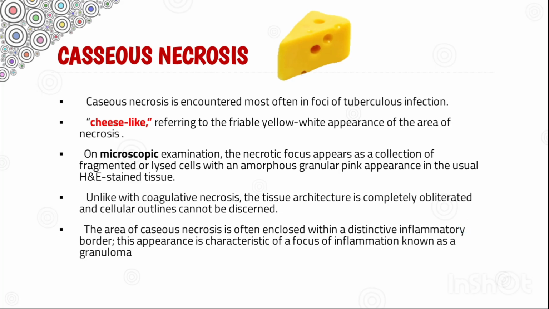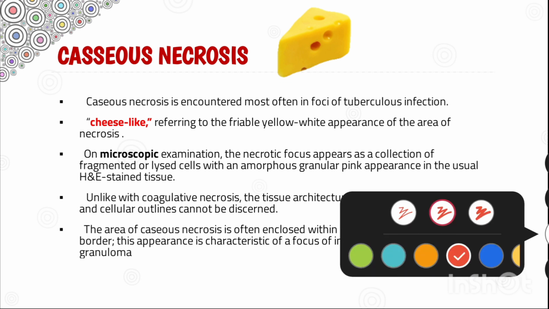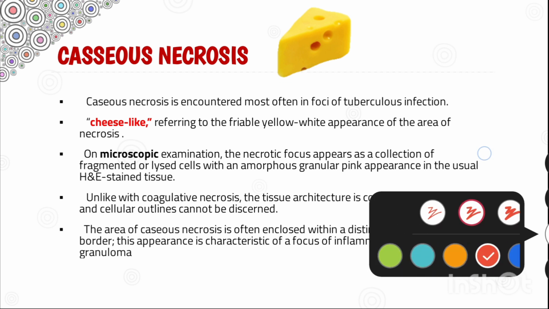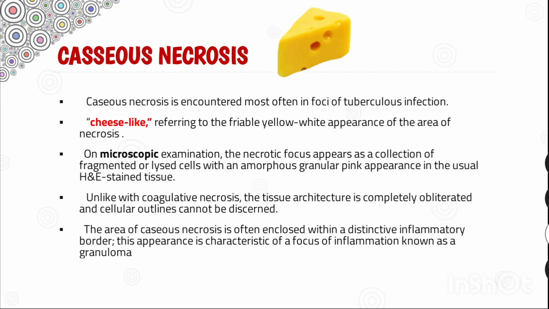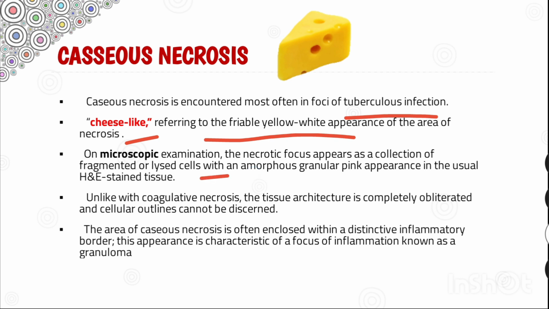Next is caseous necrosis. As the name says, it is cheese-like, usually seen in the foci of tuberculous infection. In microscopic examination, we can see a granular pink appearance, and there will also be a yellow-white appearance in the area of necrosis when we are looking at it grossly. Unlike coagulative necrosis, here the tissue architecture is obliterated.